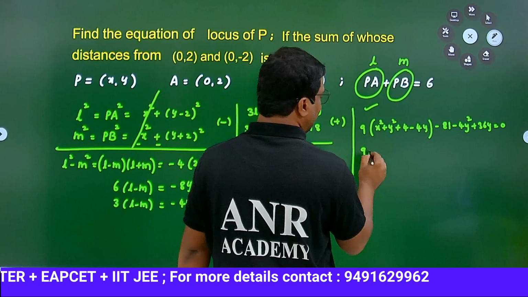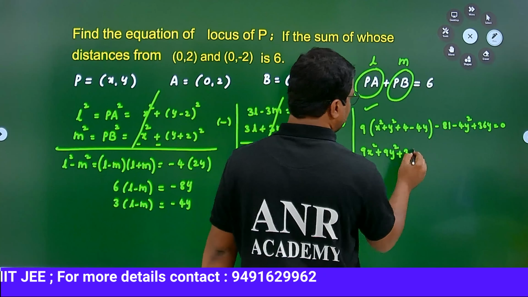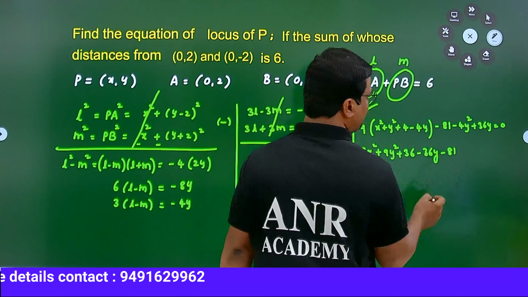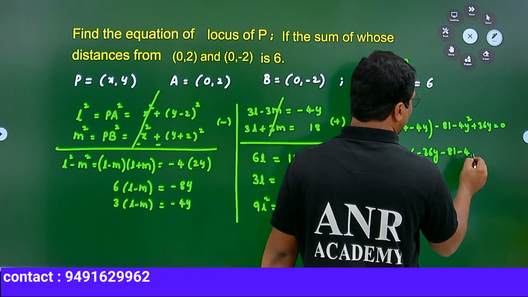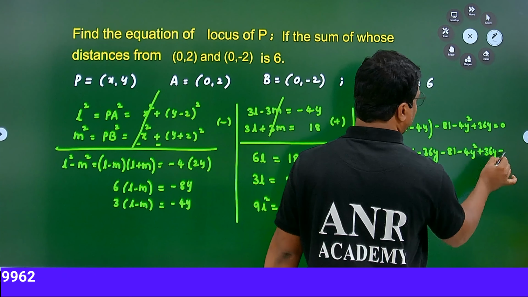Therefore 9 times X square, 9 times Y square plus 36 minus 36Y minus 81 minus 4Y square plus 36Y, it is equal to 0.